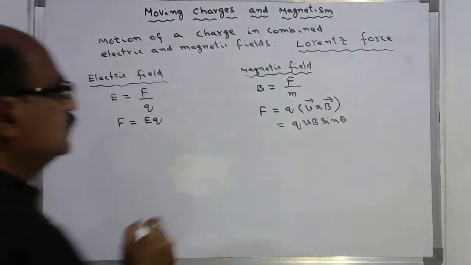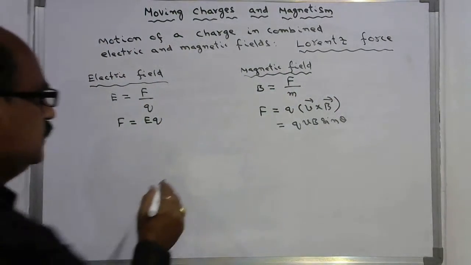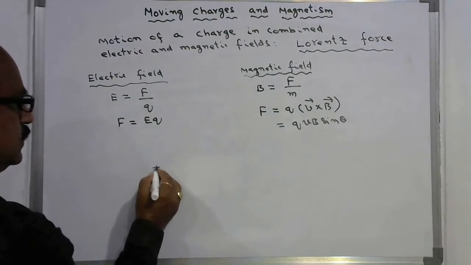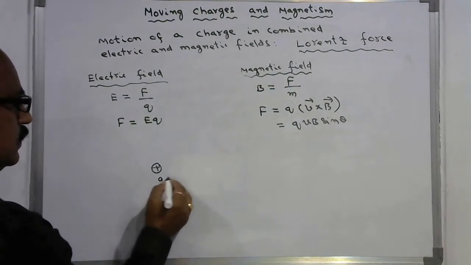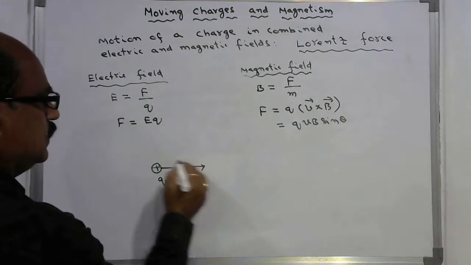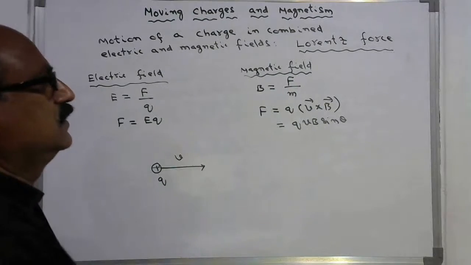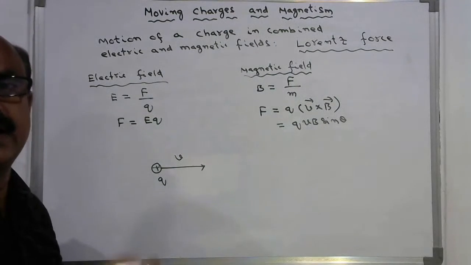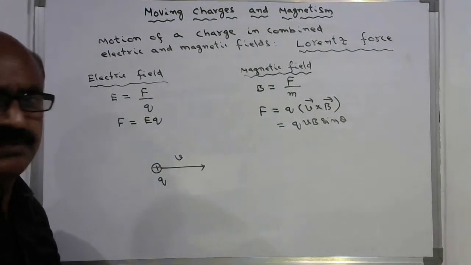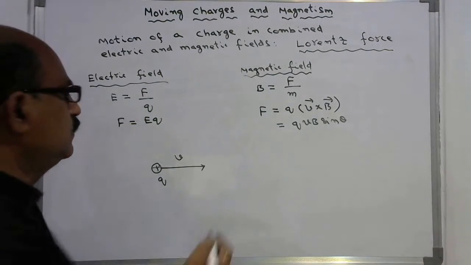Now suppose a charge is moving with a certain velocity v in mutually perpendicular electric and magnetic fields.